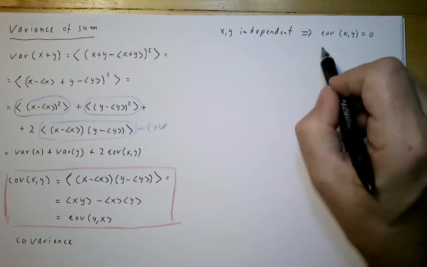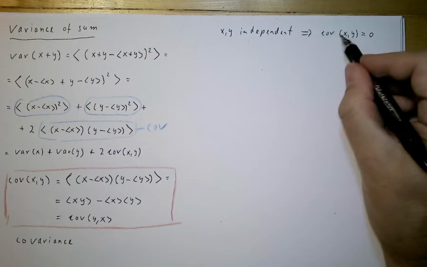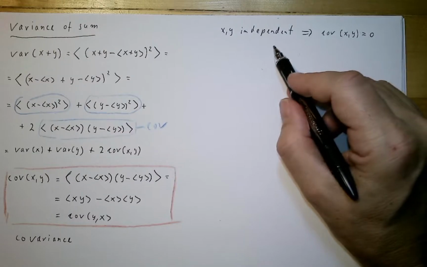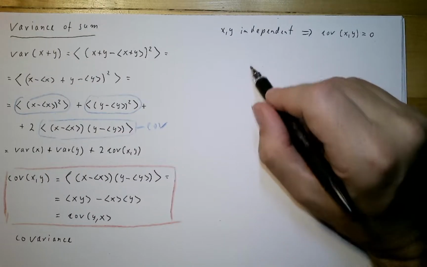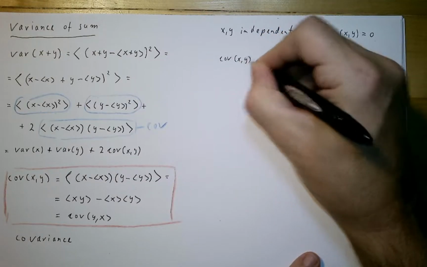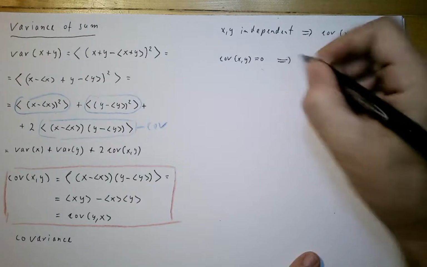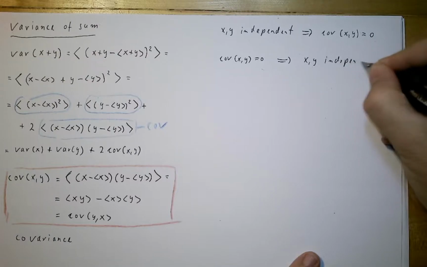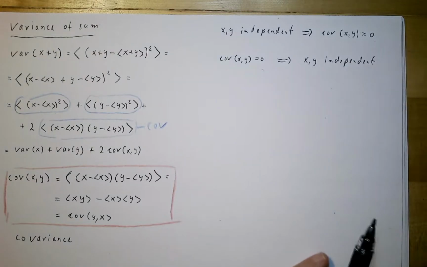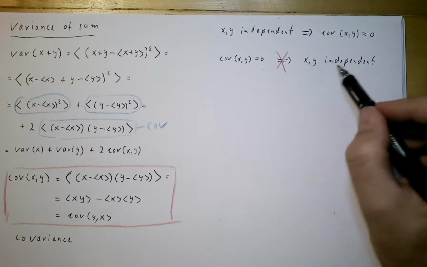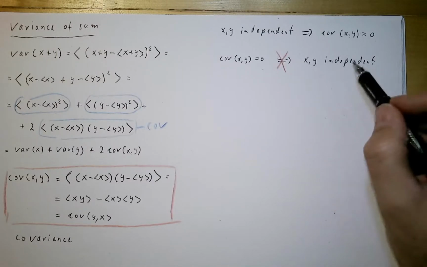But we cannot revert this. If the covariance is 0, we cannot conclude that the random numbers are independent. So we cannot say that covariance of x and y equals 0 means x and y would be independent. So this does not work in general, which is a problem, because the independence of two random numbers is a concept which is not so easy to establish.